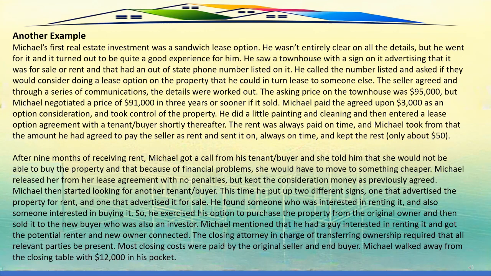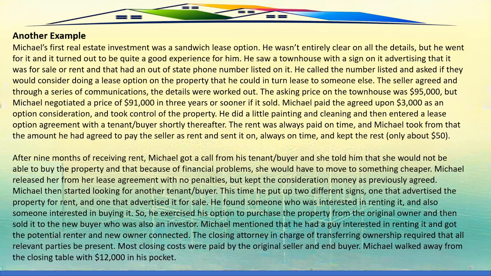This time he put up 2 different signs, one that advertised the property for rent, and one that advertised it for sale. He found someone who was interested in renting it, and also someone interested in buying it. So, he exercised his option to purchase the property from the original owner and then sold it to the new buyer who was also an investor.